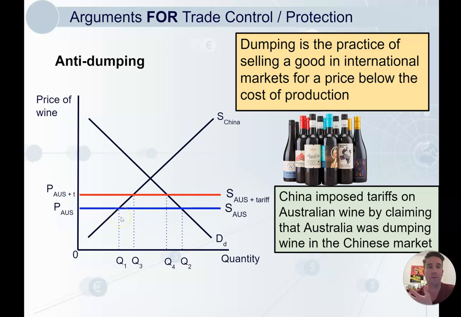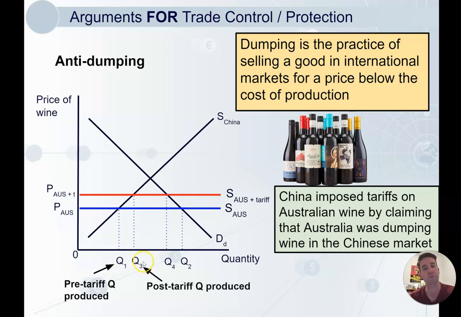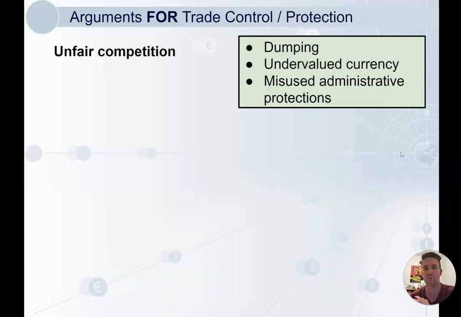What would have happened is, from their perspective, they're saying, well, we can't compete with this unfairly cheap Australian wine. So we'll put tariffs on it and we'll start producing more of that beautiful Chinese wine we all love. And so they go from producing Q1 over to producing Q3. And that counteracts the effect of the other country dumping their goods cheaply in your country. And that can be considered a valid reason for trade protection.